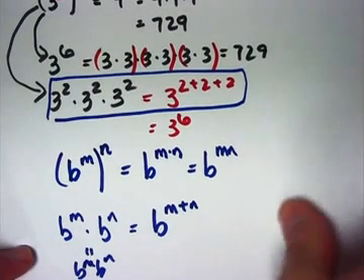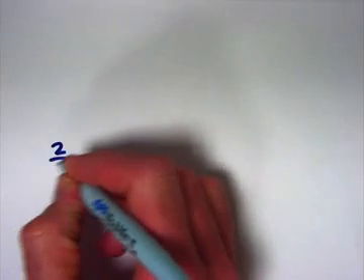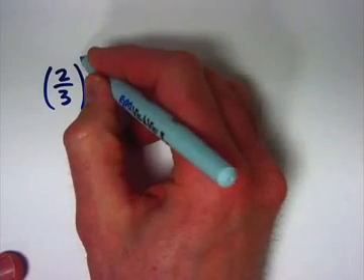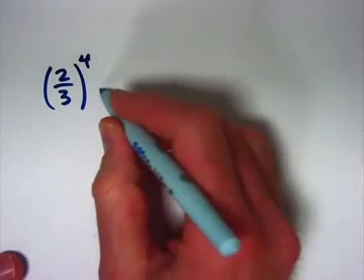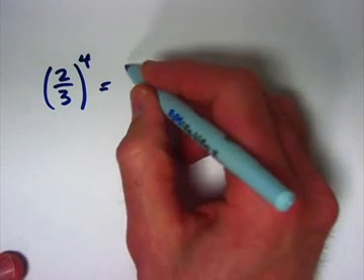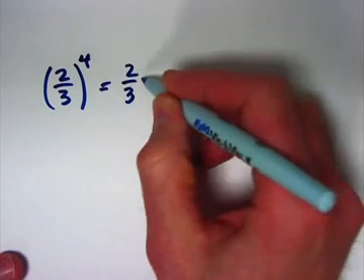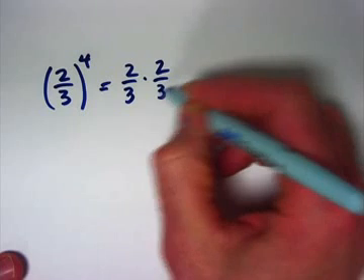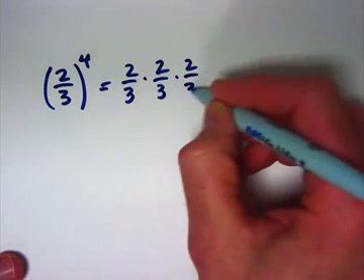Now I'll illustrate that these properties work even if your b's are fractions. For example, say we were taking 2/3 and we were going to raise 2/3 to the 4th power. What does that mean? It means 2/3 times itself 4 times.